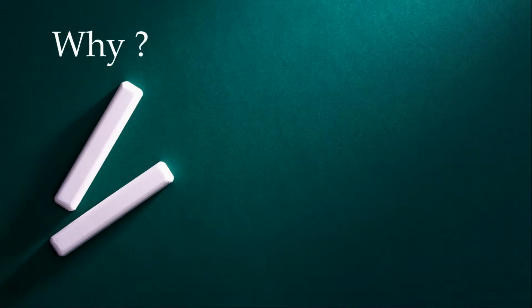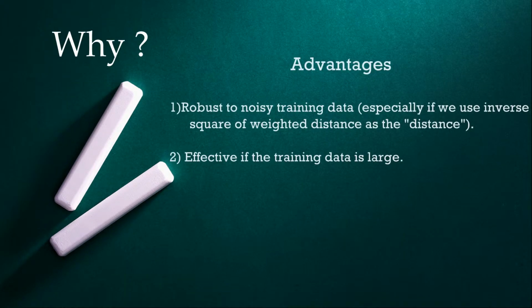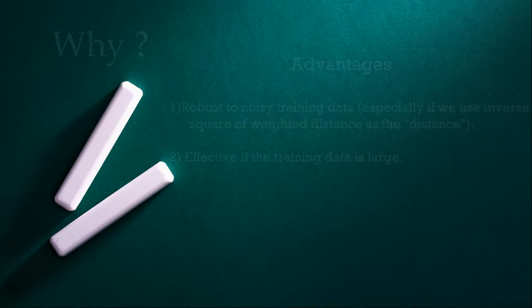Why use k-nearest neighbor? The advantages of the k-nearest neighbor classifier are: 1. Robust to noisy training data, especially if we use the inverse square of weighted distance as the distance. 2. Effective if the training data is large.